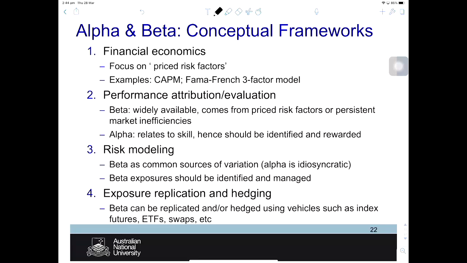Exposure replication and hedging. This is quite interesting for some investors. If you're interested in the asset allocation of some hedge funds, for instance, and you try to understand how they could generate this outperformance in the past several years, one way is to use the alpha and beta framework.